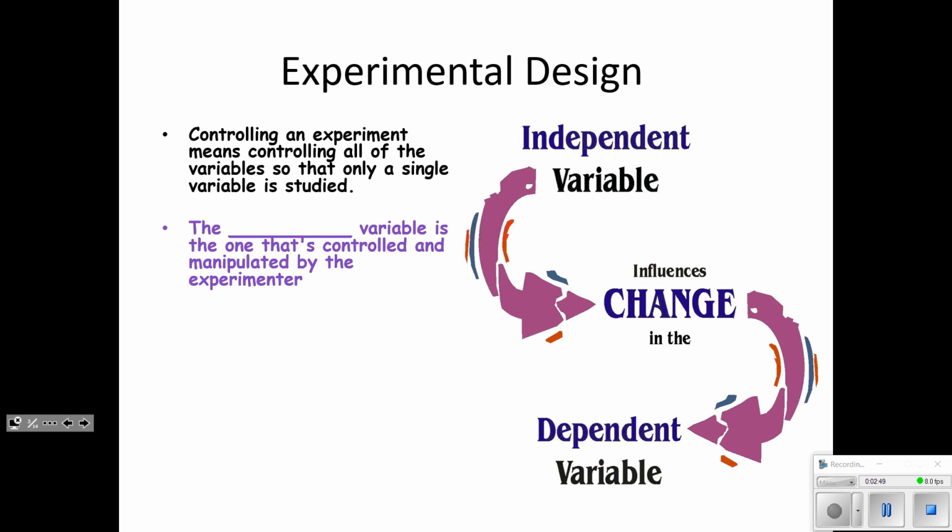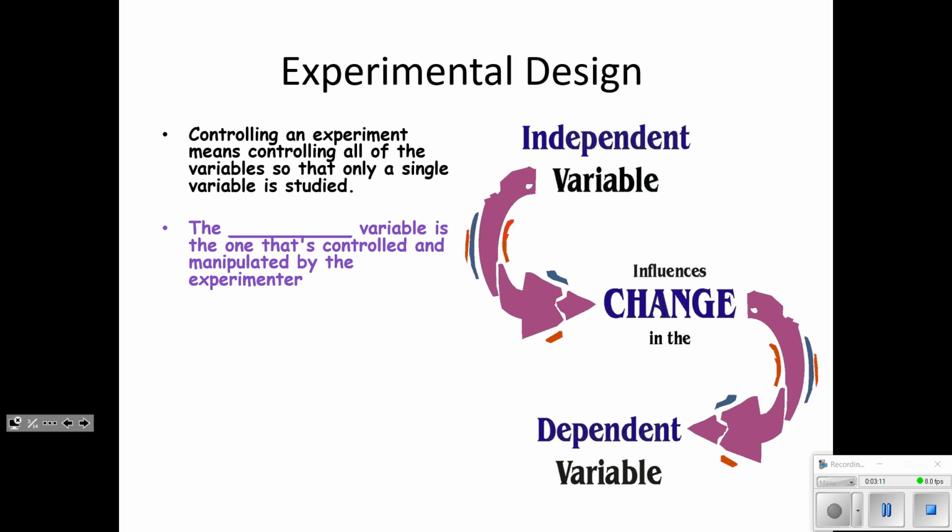Now, when you have that, you have different parts to that variable. You have what the variable is, and you have what it does. So what you're testing is the independent variable, and what happens, or how that variable responds, is your dependent variable.